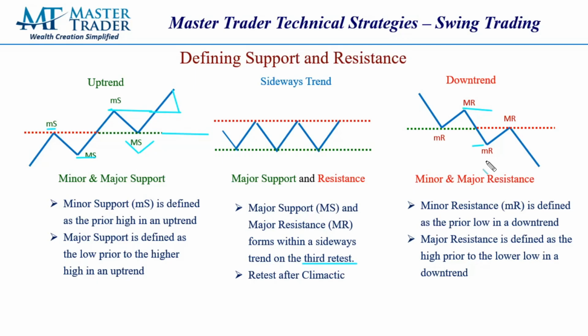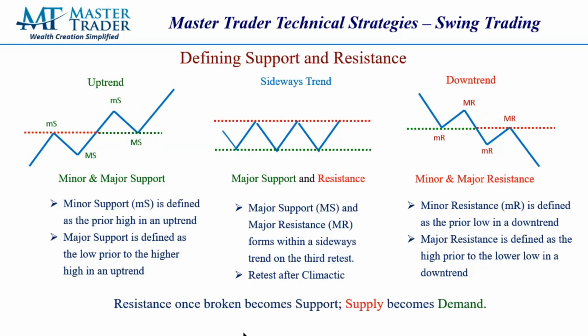Our methods are consistent, and we just repeat them, and that is what stops confusion in technical analysis. When you have clearly defined concepts, you just repeat them in multiple time frames. A resistance, once broken, becomes support, and I like to think of support as a reference point of demand. So there was supply there, and once it was overcome, and there had to be supply because if it pulled back from there and then was overcome, that was a supply point.